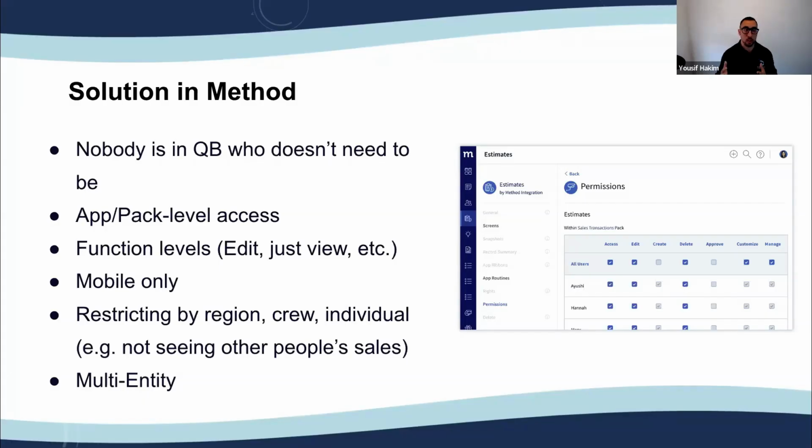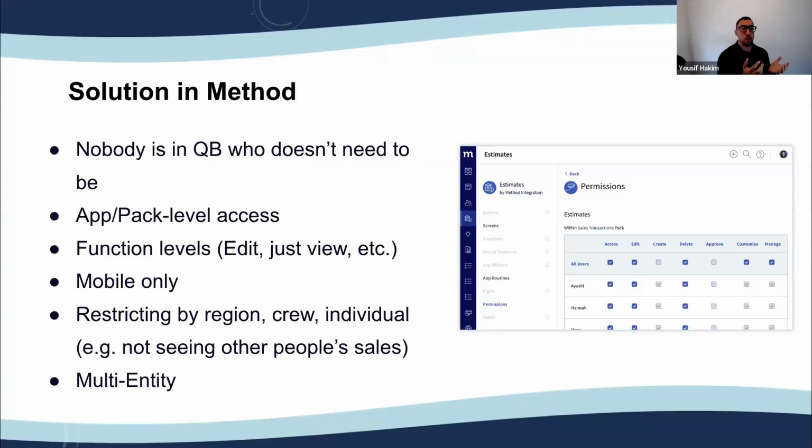That is the holy grail. No one really should be playing around in there. So Method solves that problem by taking your sales reps, your dispatcher if you're a field services team, your operations manager, all of them are now able to still access the elements of QuickBooks within Method and with the right permissions.